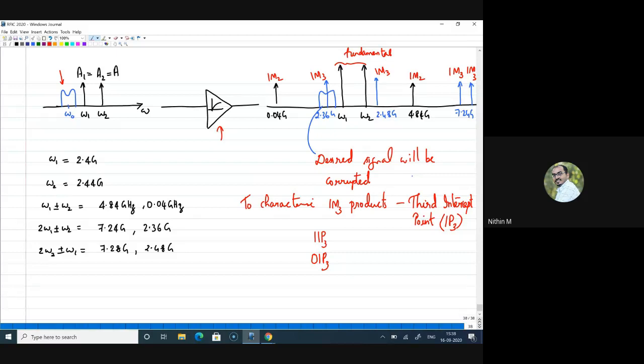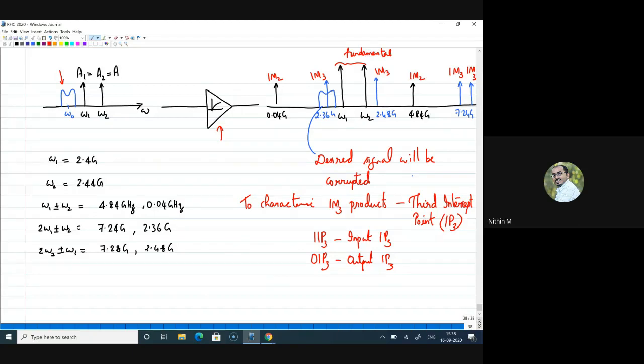Now if I am writing in terms of power in dBm, we usually use the notation PIIP3. There is some other notation, we'll come to that later.